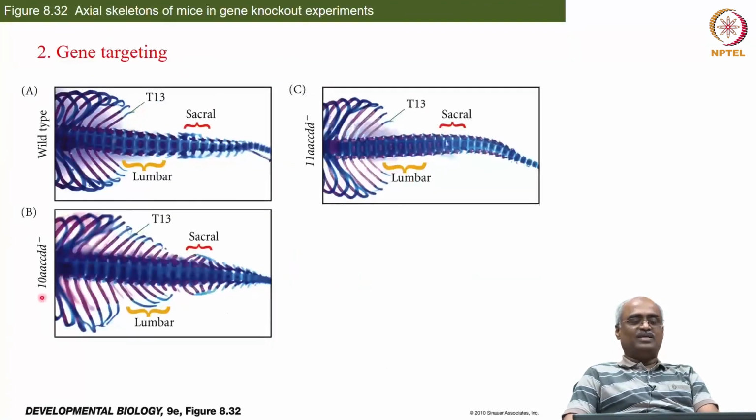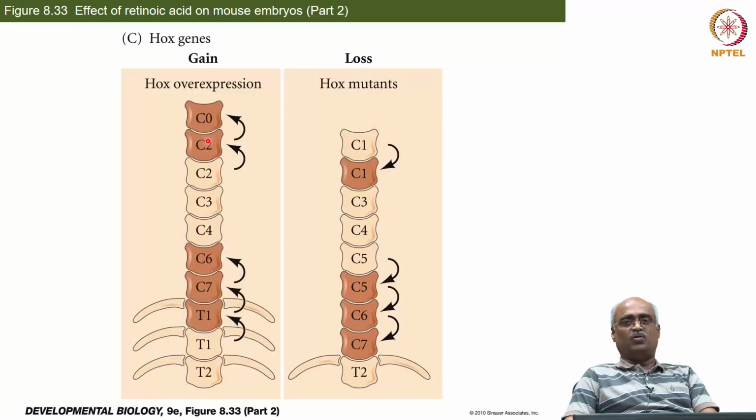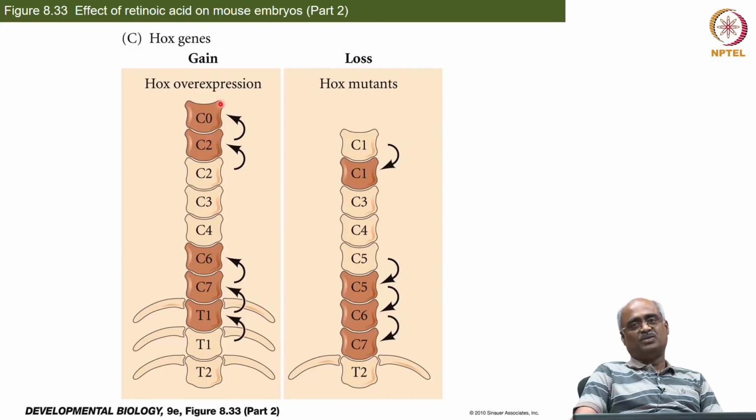And the second one is when you knock out all orthologs or paralogs of given Hox genes, we see the structures shifting posteriorly. And the third evidence is increasing or decreasing retinoic acid. Similarly, Hox gene overexpression or underexpression. So these three lines of evidence support the Hox code hypothesis.